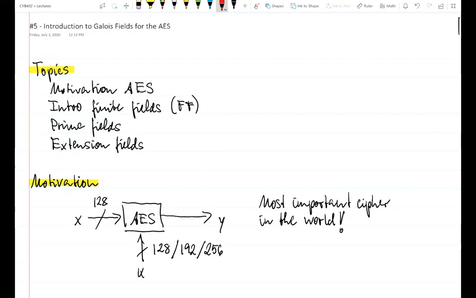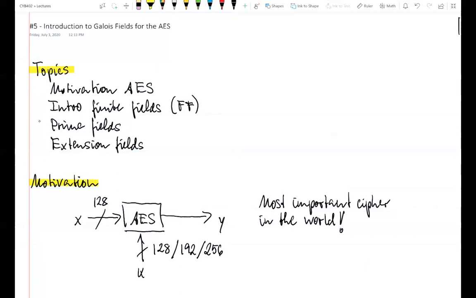Okay, so in this lecture, we are going to talk a little bit about AES and give some motivation. And then we are introducing finite fields. The 2 finite fields that we are going to get to know are prime fields and extension fields.